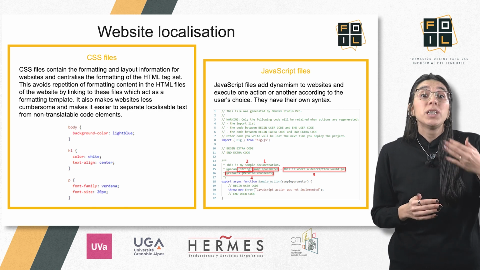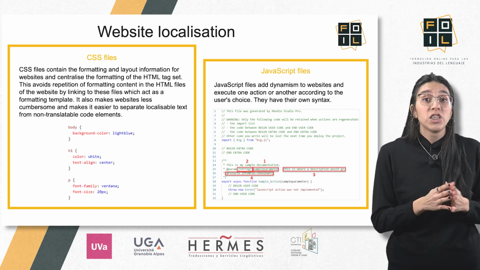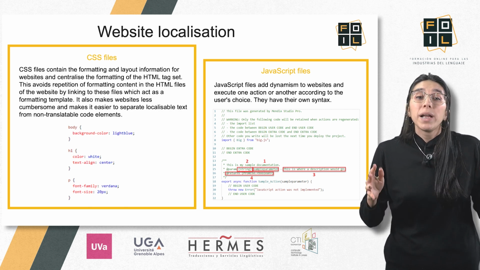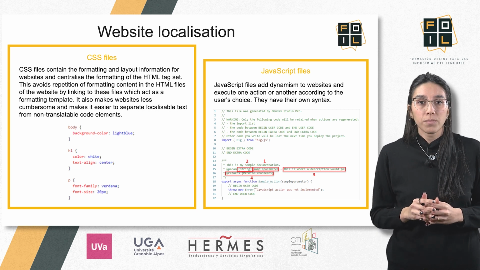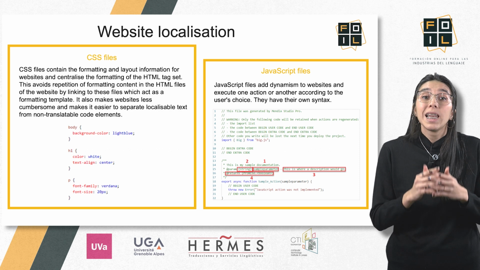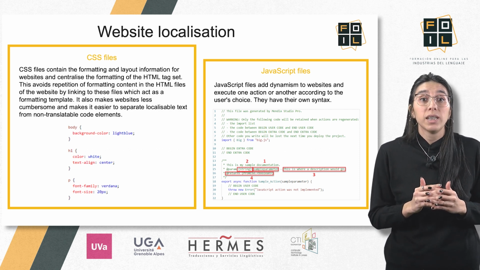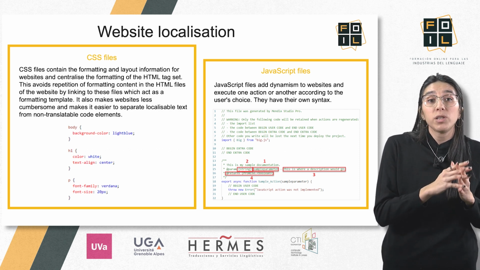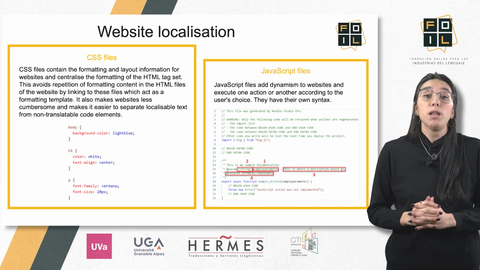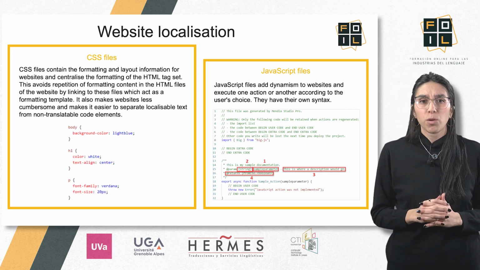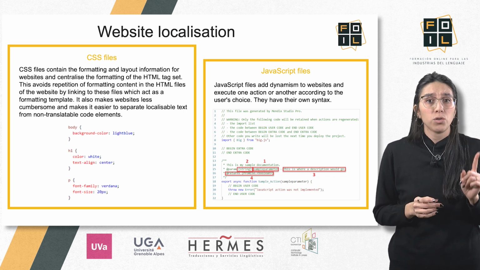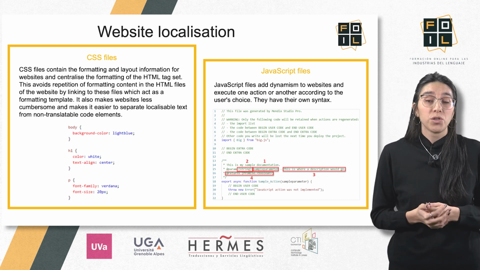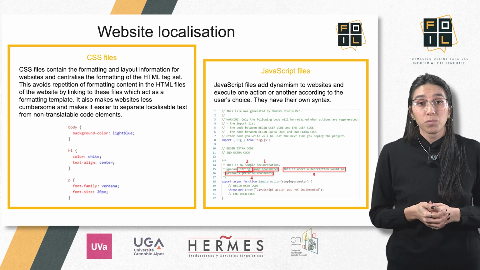This avoids repetition of formatting content in the HTML files of the website by linking to these files, which act as a formatting template. It also makes websites less cumbersome and makes it easier to separate localizable text from non-translatable code elements. JavaScript files add dynamism to websites and execute one action or another according to the user's choice. They have their own syntax.